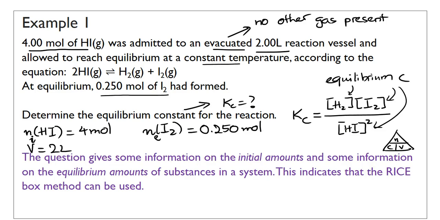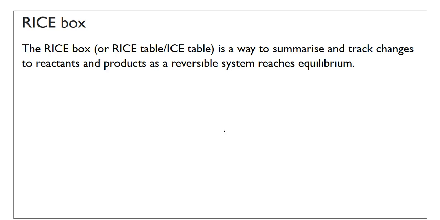One thing, and we're going to talk about the Ricebox in a second: whenever you see a question that gives some information on the initial amount, and then some information on the equilibrium amount, that is an indication that you can use the Ricebox method. You don't have to, but you can. I think with this question, you should be able to solve it even without using the Ricebox, but most people find it quite useful. So what is the Ricebox method?